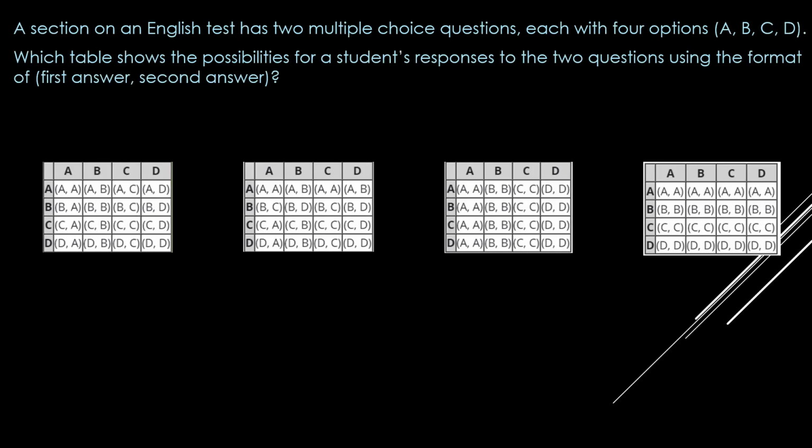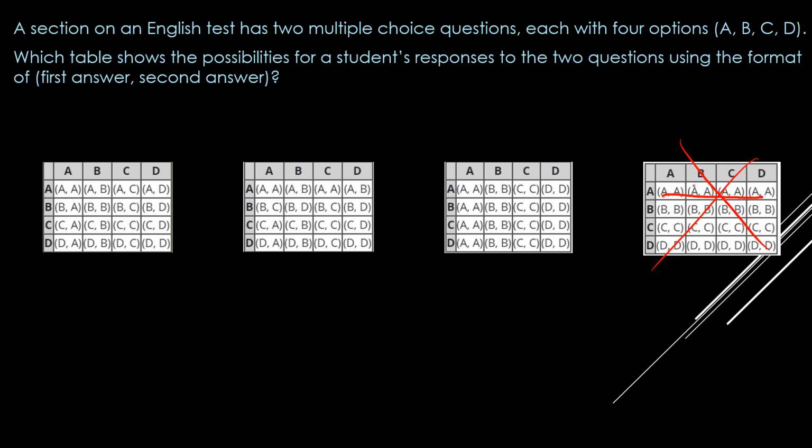A section on an English test has 2 multiple choice questions, each with 4 options, A, B, C, and D. We want to know which table shows the possibilities for a student's correct response for the 2 questions using the format first answer, second answer. For this question here, you really are just paying attention to the table. Okay, this table over here, the very far one, this table is not correct, because if you notice, everything in this first row is AA, AA, AA, AA.